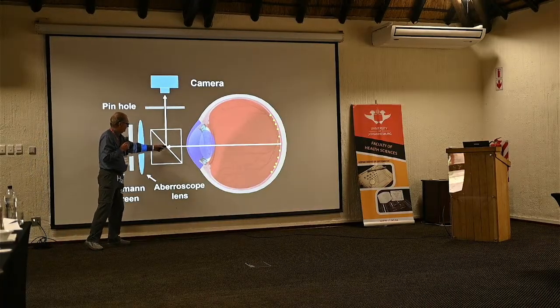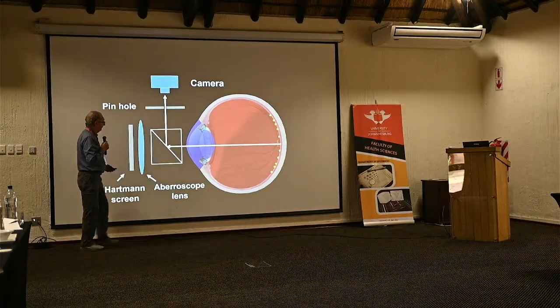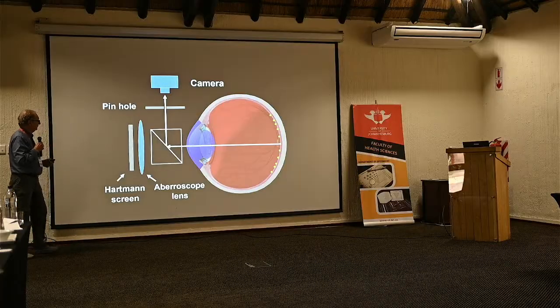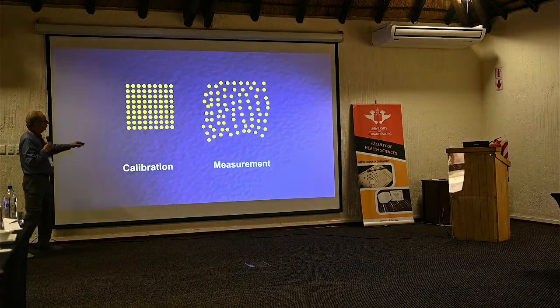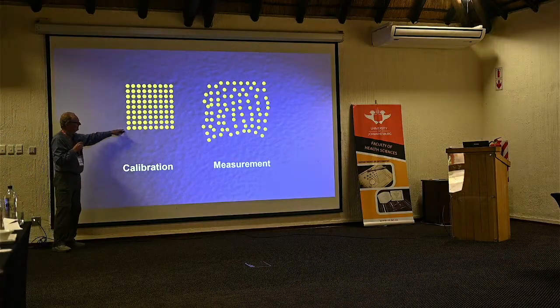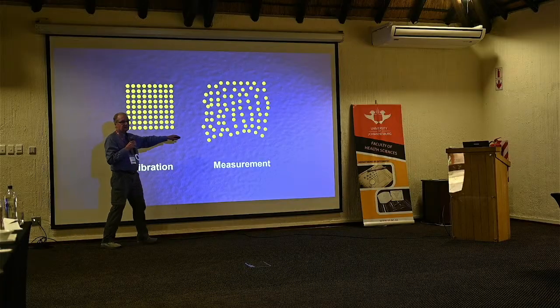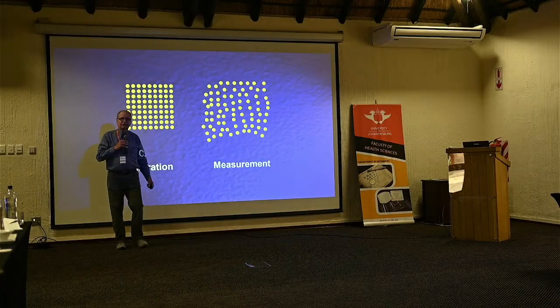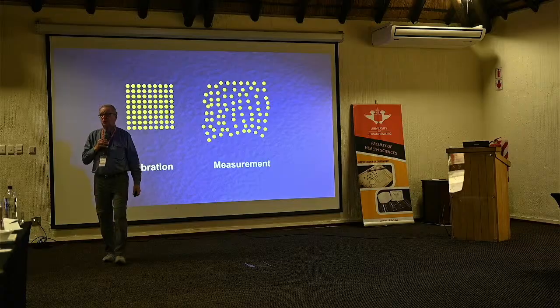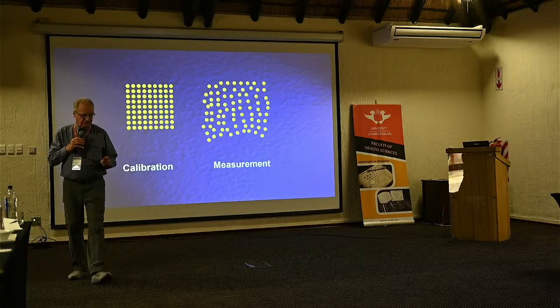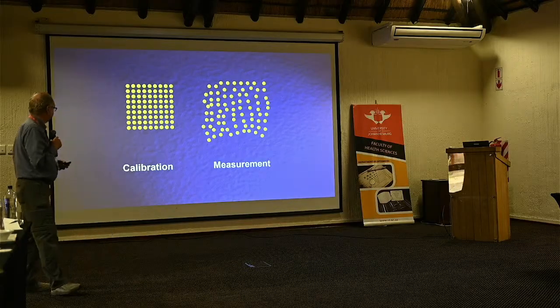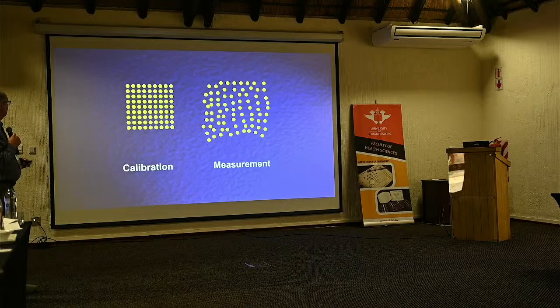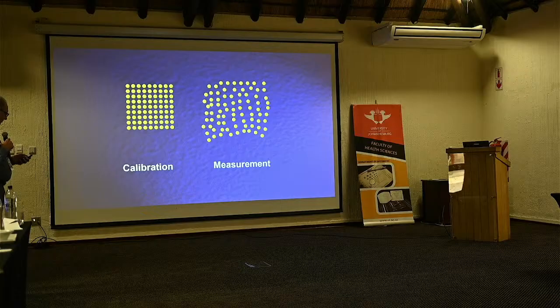As light comes back out, it hits this beam splitter, goes up to a camera, and you take a picture, and you know where you want the spots to be, and you know where the spots went. Now you can do delta X, delta Y, get all the transverse aberrations, and calculate the slopes as Larry's pointed out. So you can get all the information you want. And there are quite a few aberrometers that were basically on this principle.